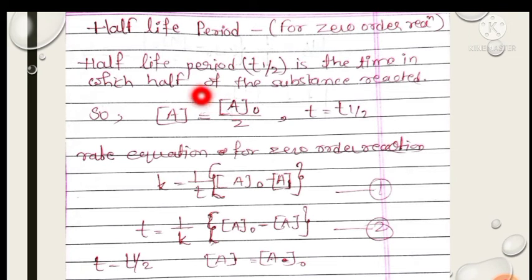Okay, now half-life period for zero order reaction. Half-life period is the time when the concentration of a substance will be just half, which means at half-life period t will be t half, and the concentration at time t 1/2 will be equal to A0/2.